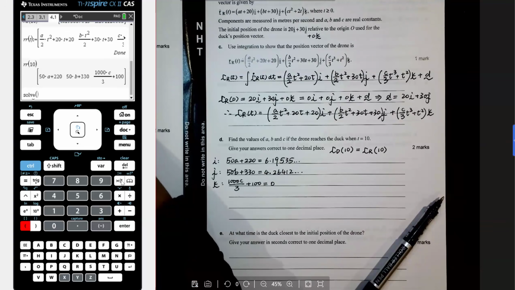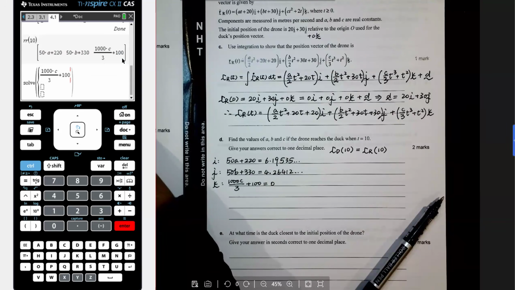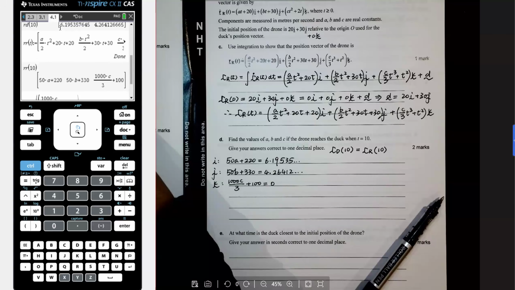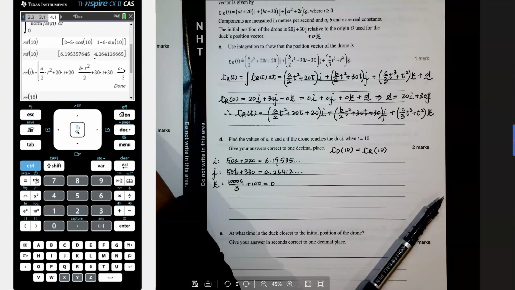Solve 3 of them. So this one is 0. This one is 6.1 something. And just grab this one here, equals to 4.26 something.